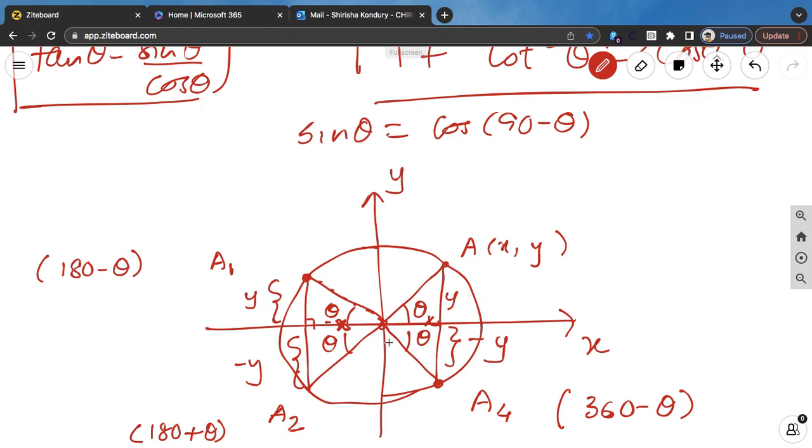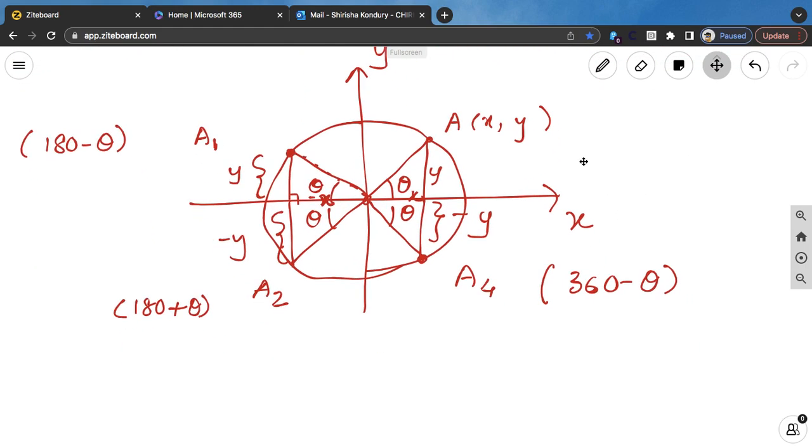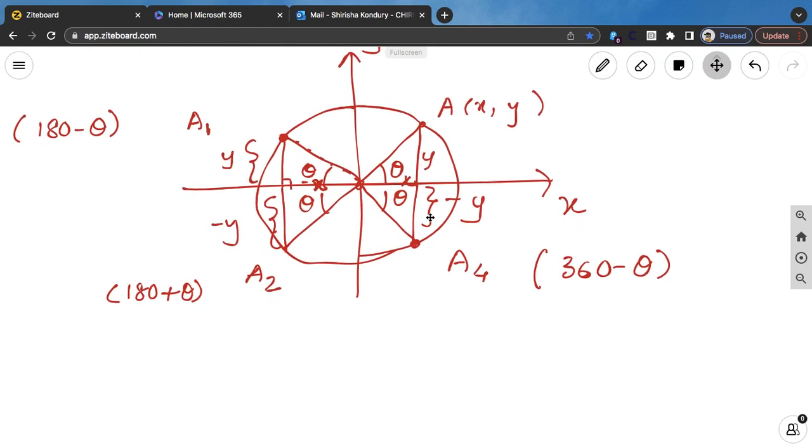Why am I really doing this? All I'm trying to show you is the triangles that are formed when angles are moving in this form, 180 minus theta or 180 plus theta or 360 minus theta, the right angle triangles, are similar looking to how it is in the first quadrant.